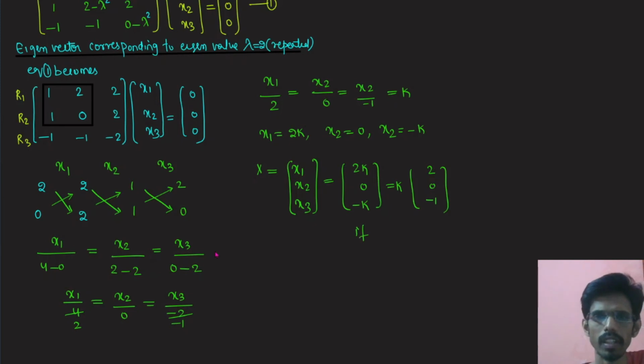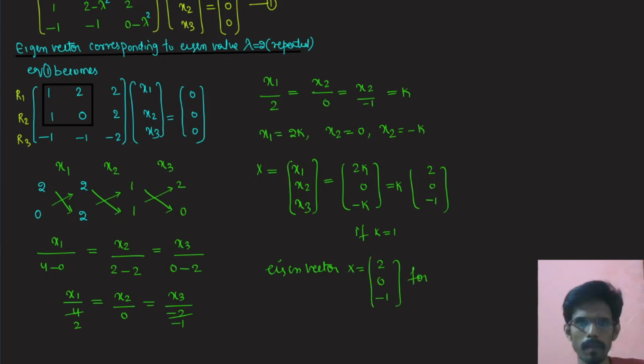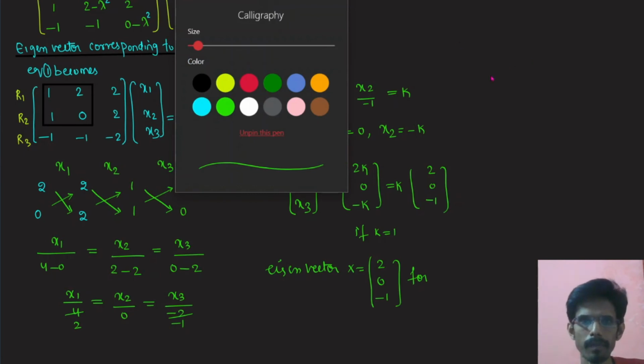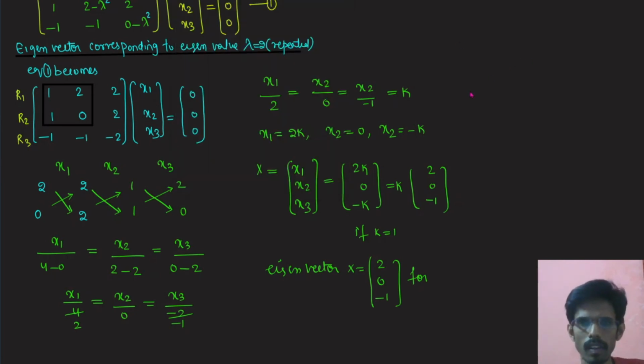If I take k equal to 1, then this eigenvector capital X is [2, 0, minus 1]. For lambda equal to 2, repeated root, we have only one eigenvector.